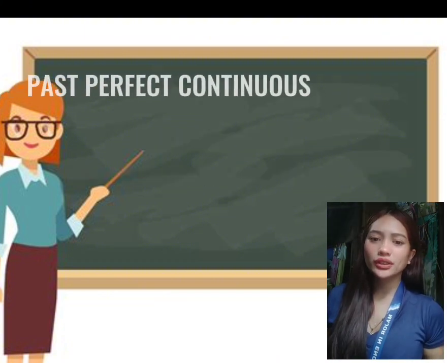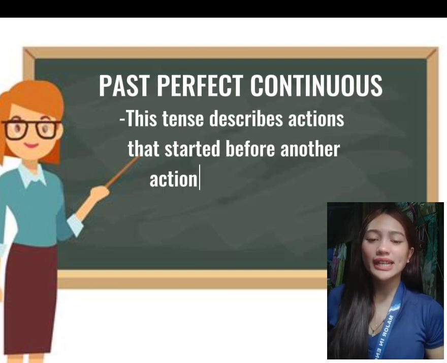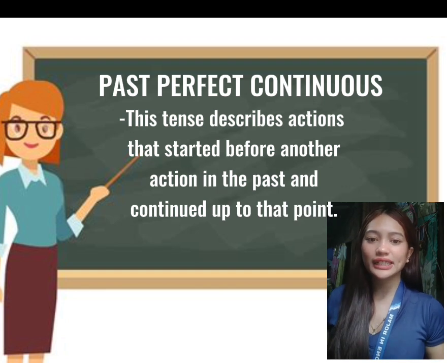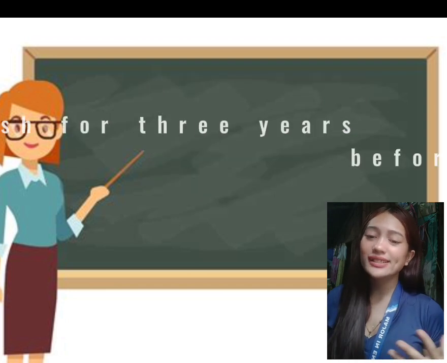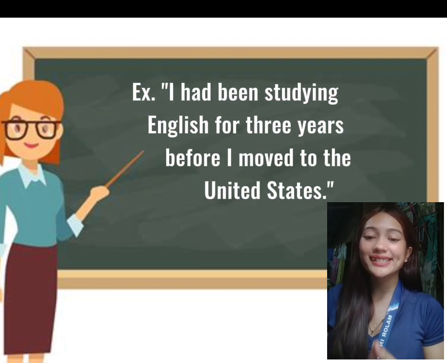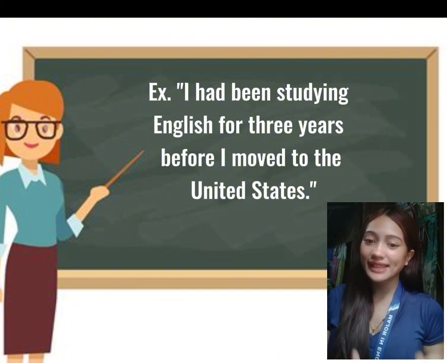Now let's look at the past perfect continuous tense. This tense describes actions that started before another action in the past and continue after that point. For example, I had been studying English for 3 years before I moved to the United States.